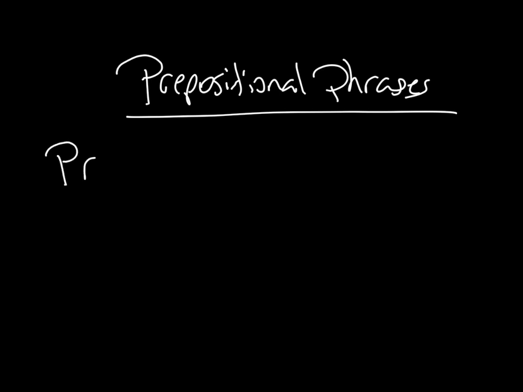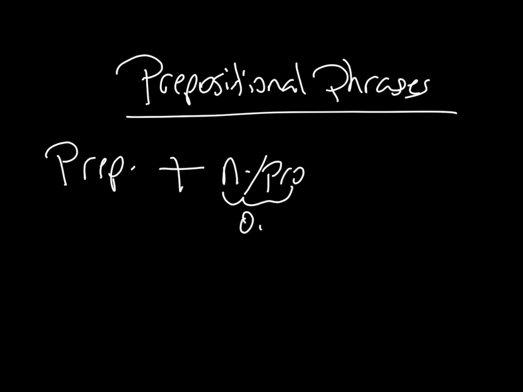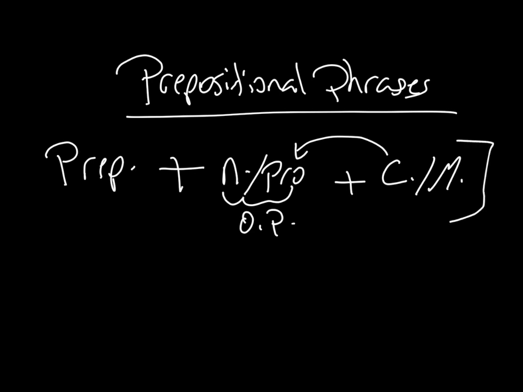We should have a preposition at the beginning plus the noun or pronoun which functions as the object of this preposition. We call this an OP, or object of preposition, in addition to any complements or modifiers that modify that noun. The whole thing is then your prepositional phrase.